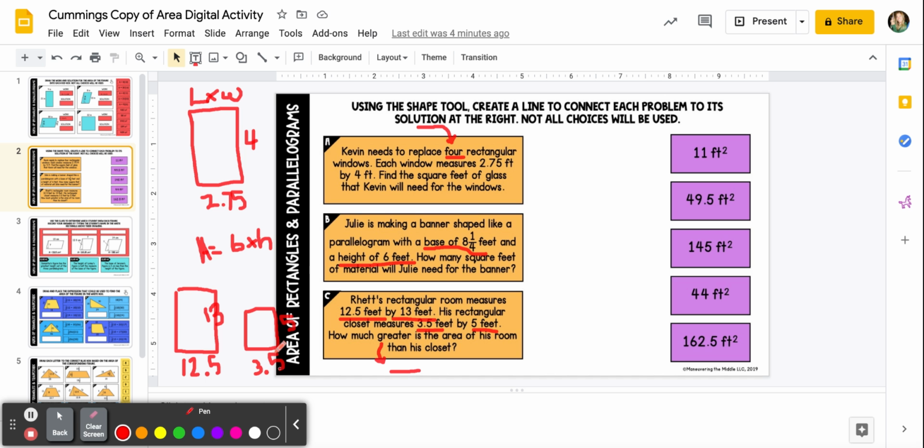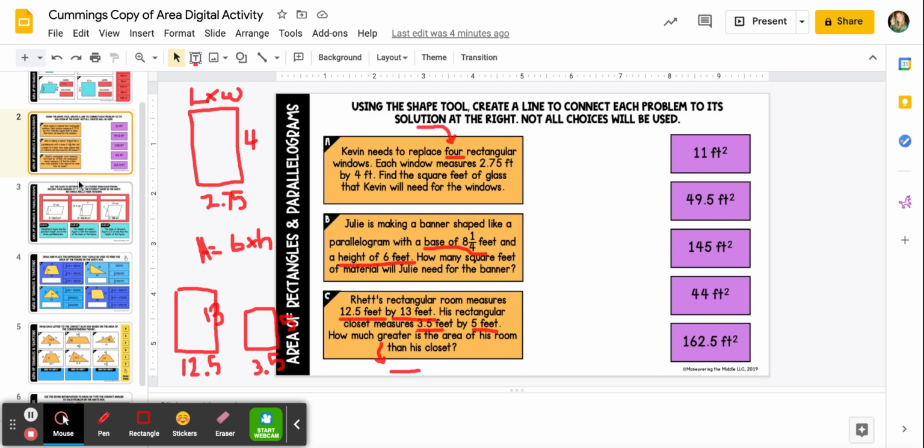Figure out the area by multiplying those two numbers. You're going to get a number. Once you are done finding both areas, you then need to subtract the bigger number minus the smaller number. And that will tell you how much greater is the area of his room than the closet.